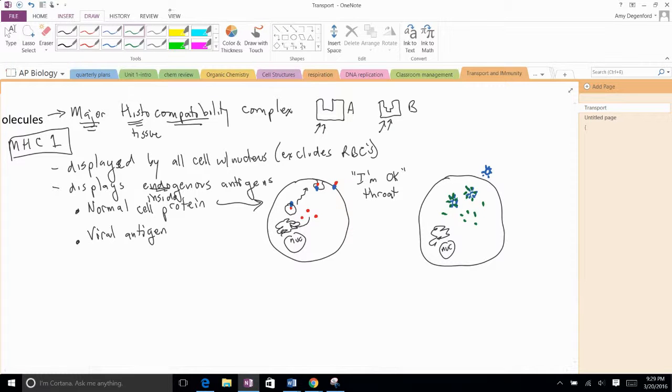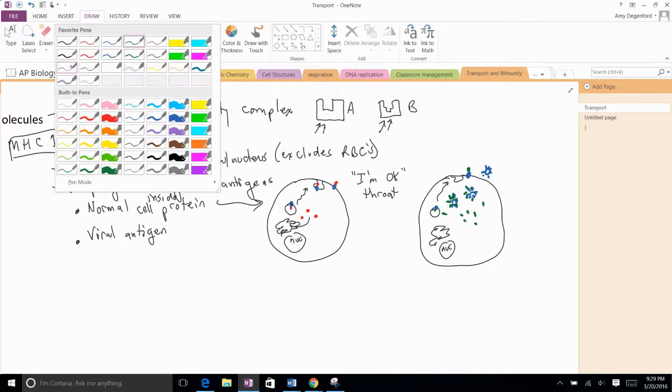And what the cell can do is, again, take that little vesicle in the rough ER with the MHC1 protein, and then it's going to take the viral antigen and display it on the surface of the cell in a similar process. So you have MHC1 again on the surface. This time you're going to be displaying the viral antigen.